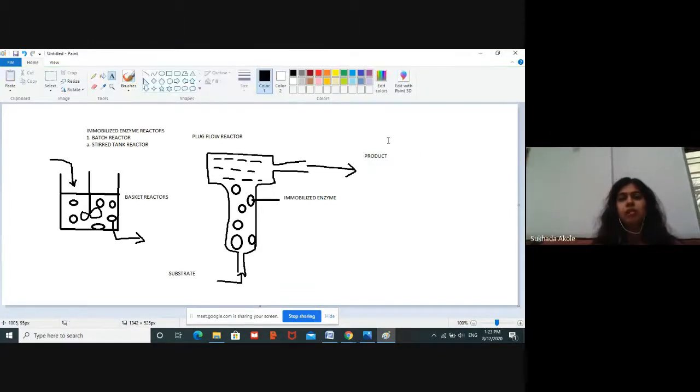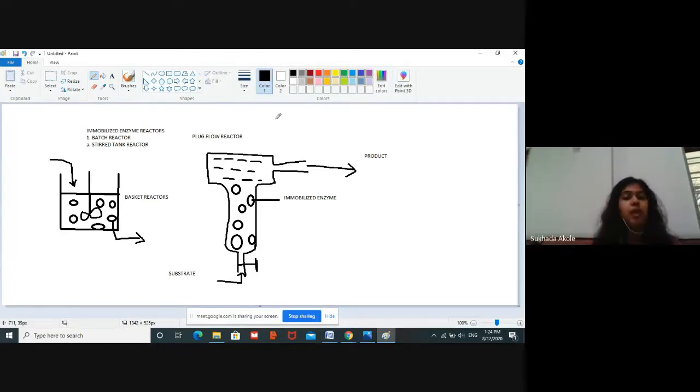Now, what is the difference between a stirred tank reactor and a plug flow reactor? How much substrate goes in is decided by a plug. Here we are going to have what we call a plug or a tap. This is my tap here. So the flow rate of substrate will be managed by this plug.